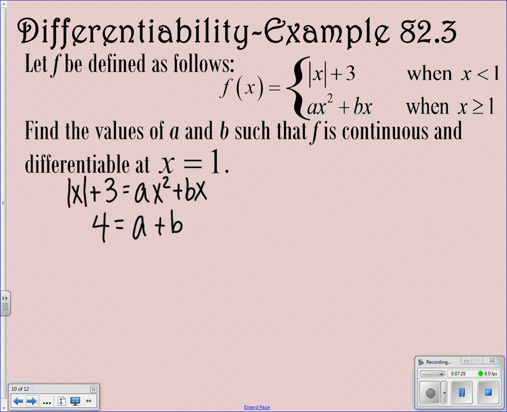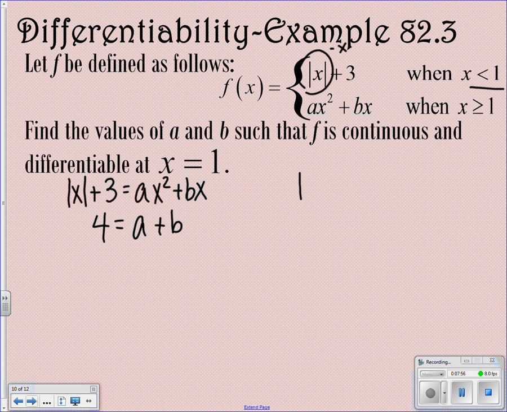Now, for the differentiable part, we have to take the derivative. So the derivative of x plus 3 is just going to be a 1. The derivative of this is just a 1 because we're at x equals 1. So that's the positive part. And so we just have a 1 there. We don't have to worry about dealing with the negative x because that's on the other side of it.